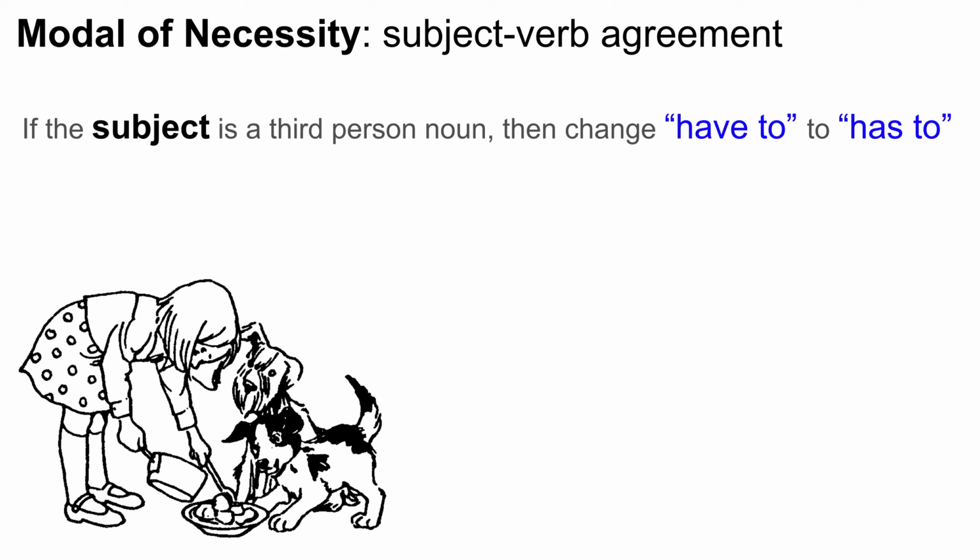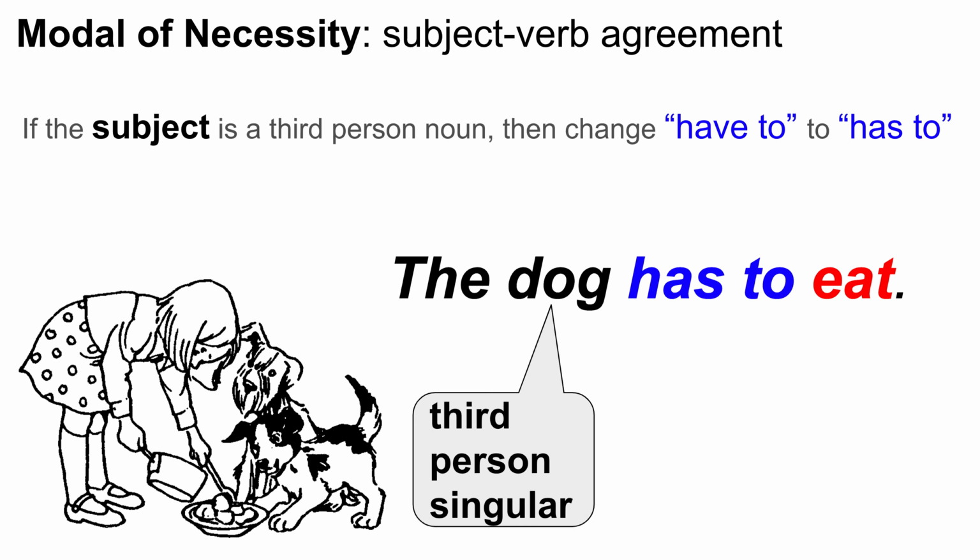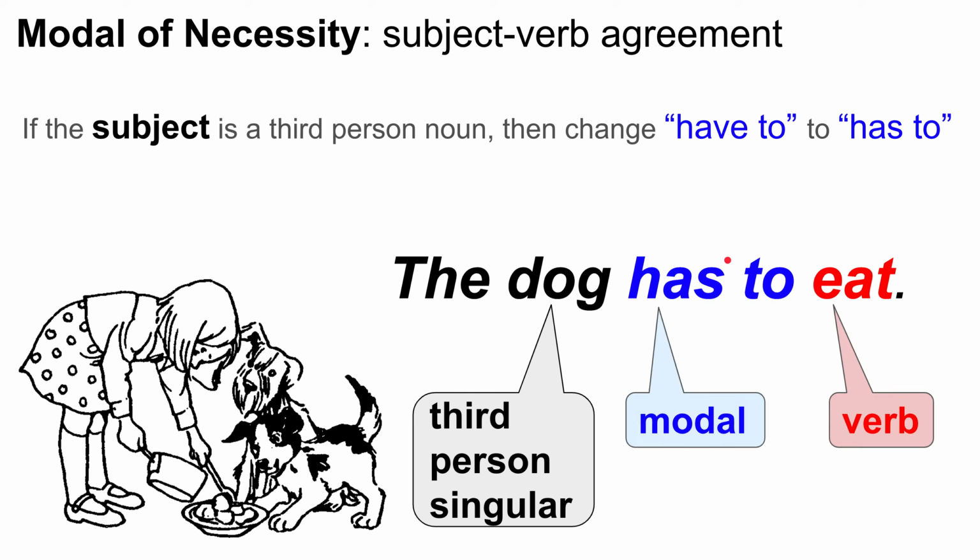The dog has to eat. Here the dog is third person singular, has to is the modal, and eat is the verb. So just remember, if you have third person singular, it's has to. With they, we, you, I, it's have to.